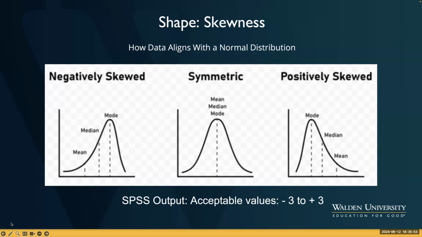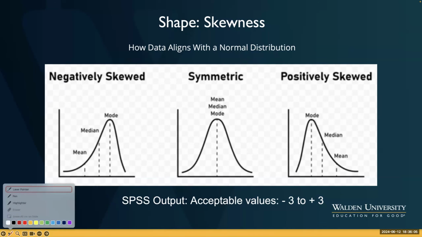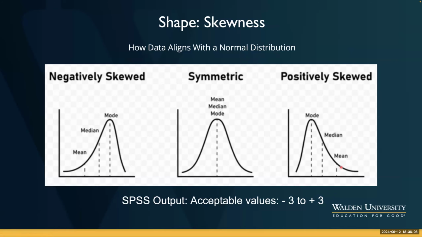Now, what's happening in the positively skewed? If this is the average score here, what happened in this class's scores? Everyone scored well below the mean, to the left. So this class didn't do too well, because if this is the average score here, the majority of the scores were over here.